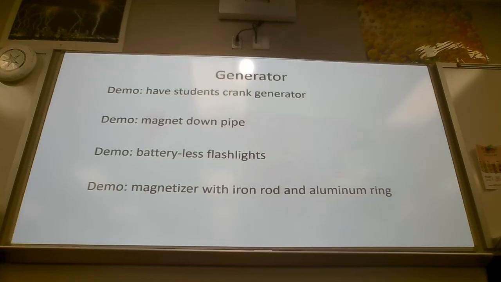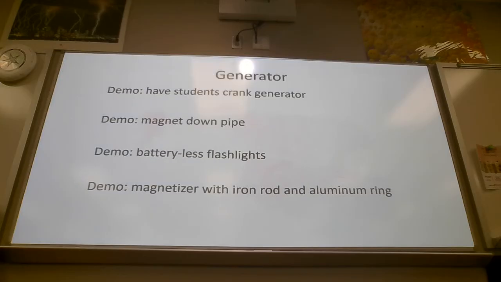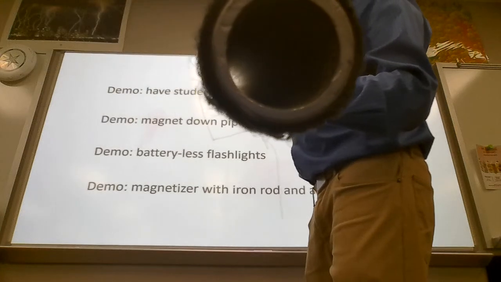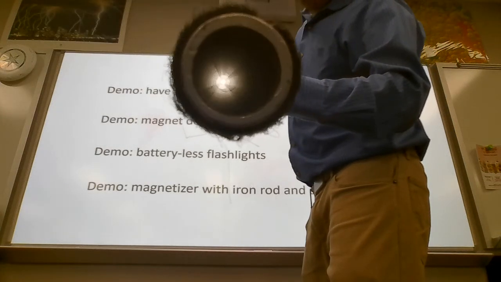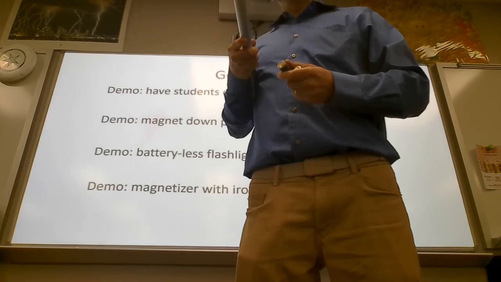As that's going around, we've got another demonstration. I've got 2 cylinders, a blue one and a green one. One's magnetic, the other is not. The green one's magnetic. I have an aluminum pipe. Is aluminum magnetic?